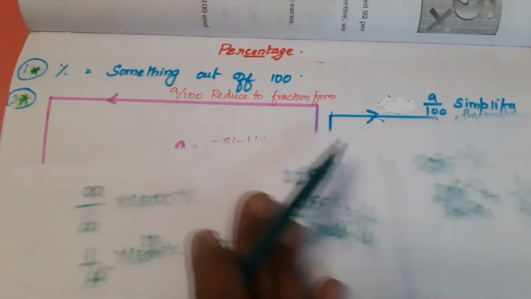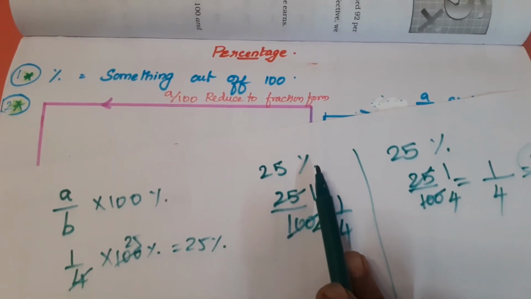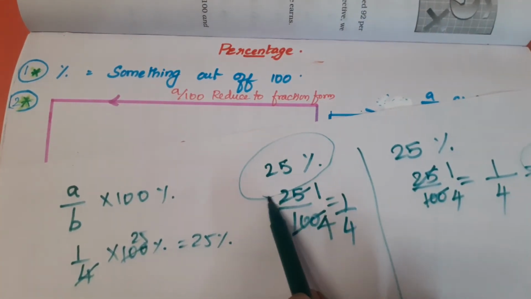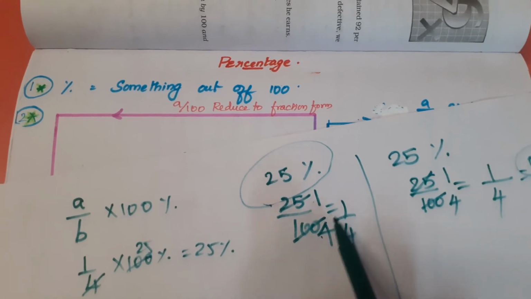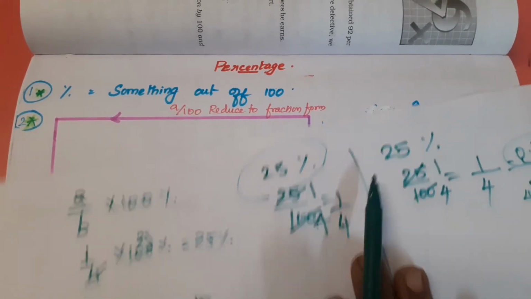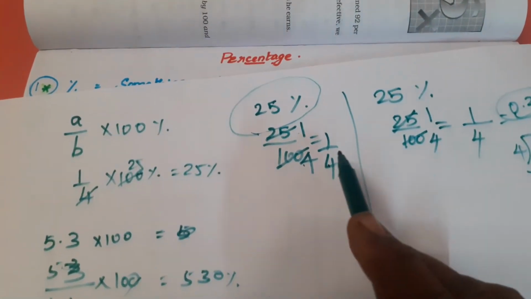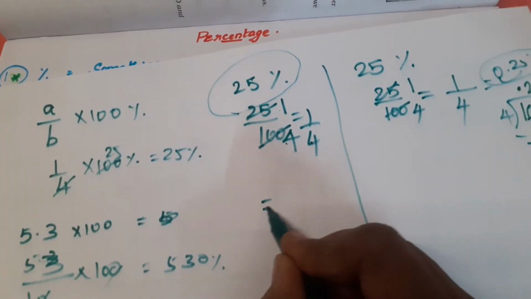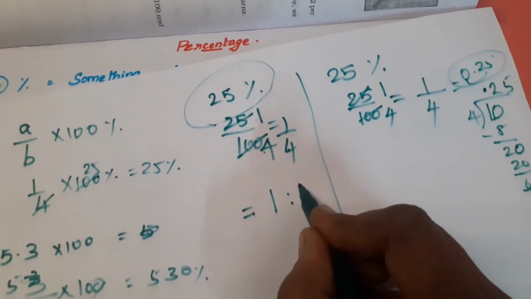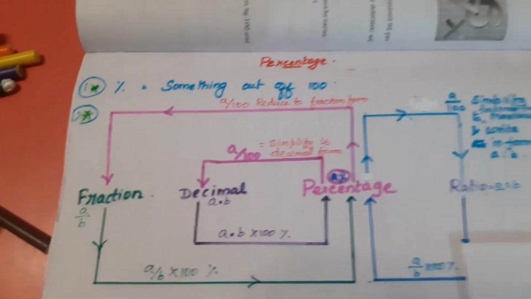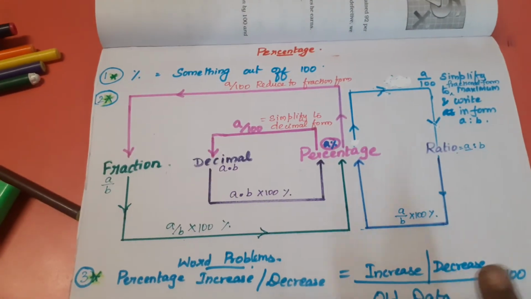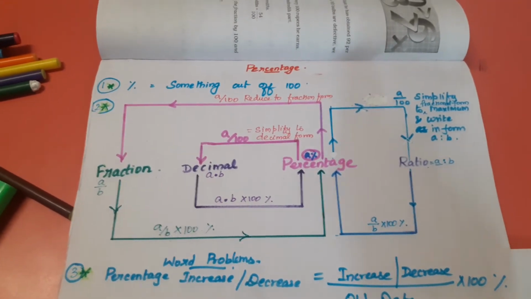Say, for example, the same 25 percentage is given. I have represented this as a fraction, the simplest fraction, deleting all the common numbers. Now I can represent this in the ratio form as 1 is to 4. That's all. So all these conversions comprise the first chapter.